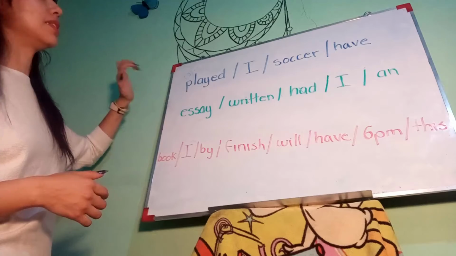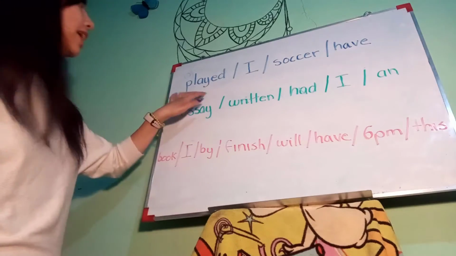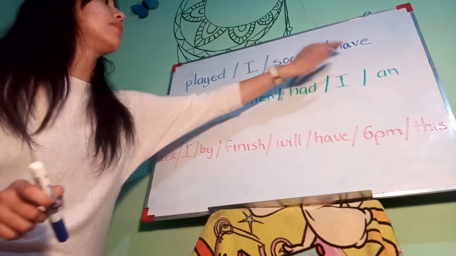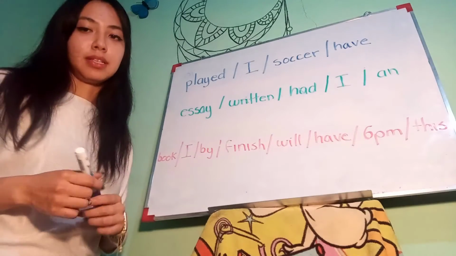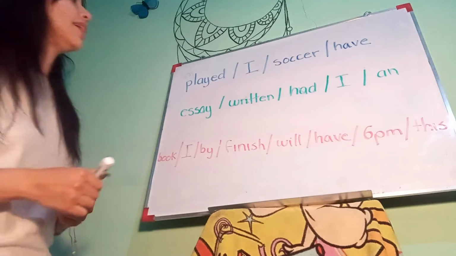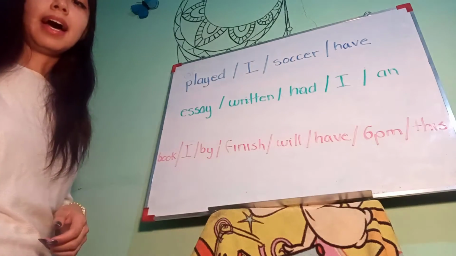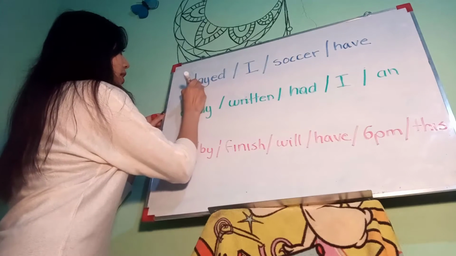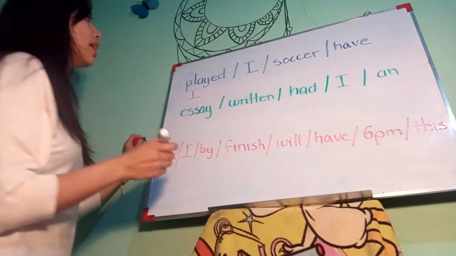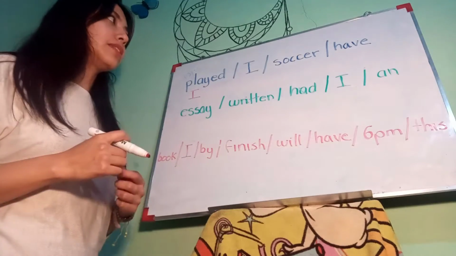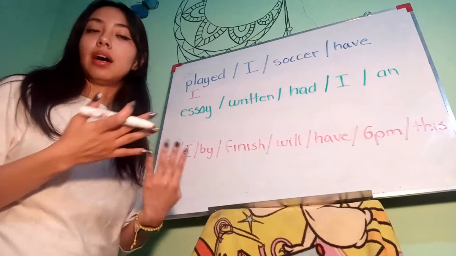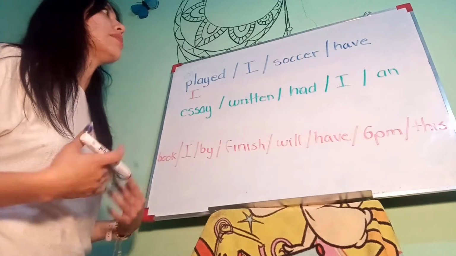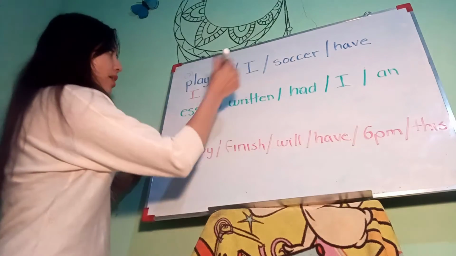So the first: played, I, soccer, have. What do you think is the correct order? Yes, exactly. I, because I need a subject. What is the next step? I need an auxiliary. So what is the auxiliary? Have.